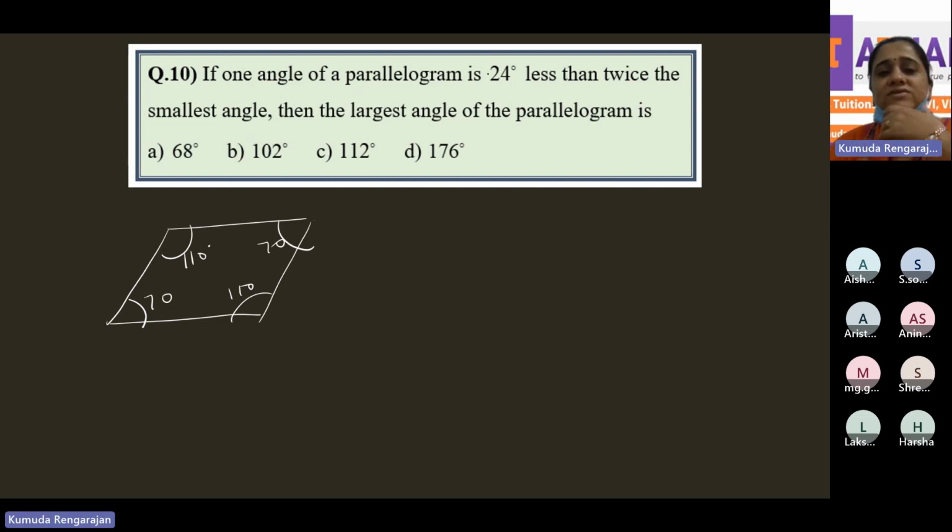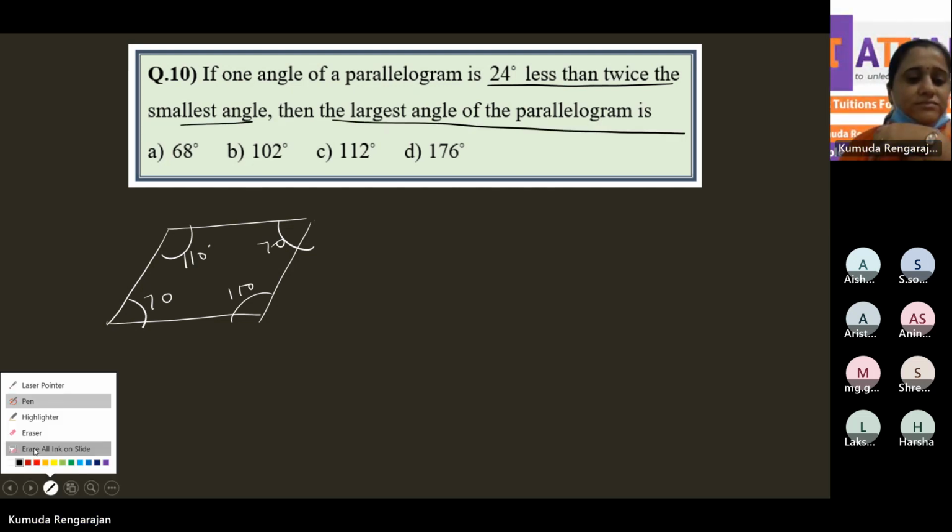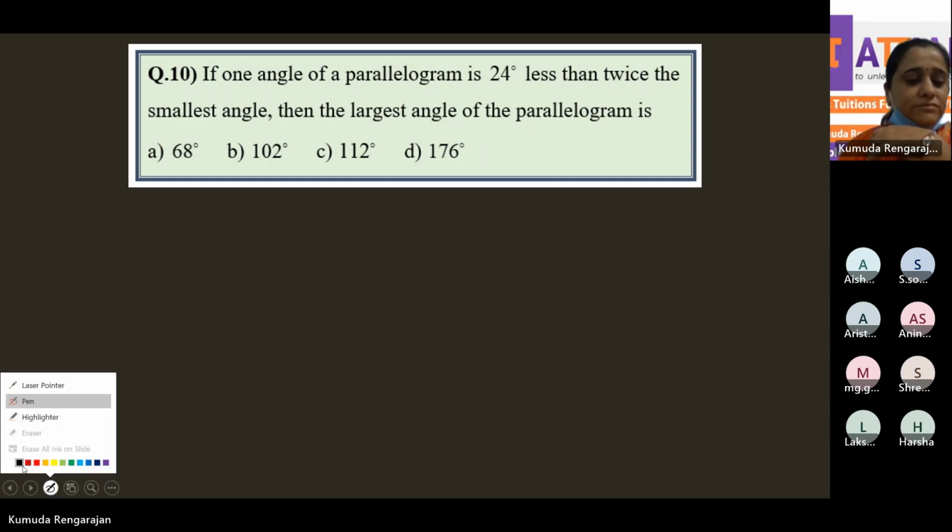If one angle is 24 less than twice the smallest angle, then the largest angle of the parallelogram is.